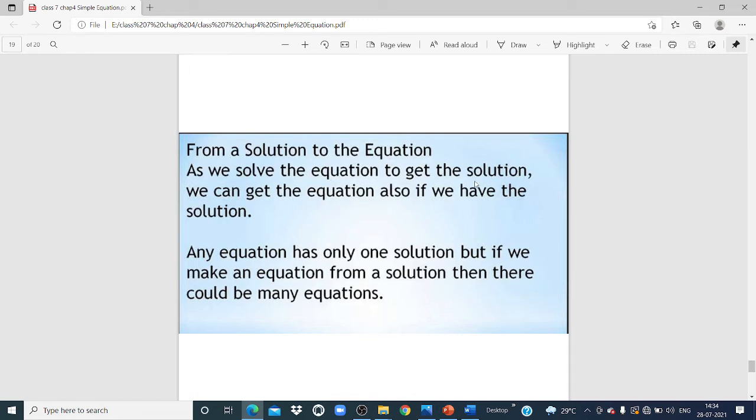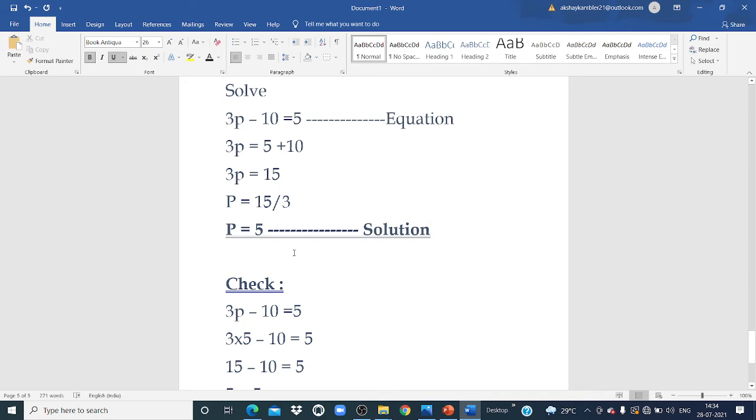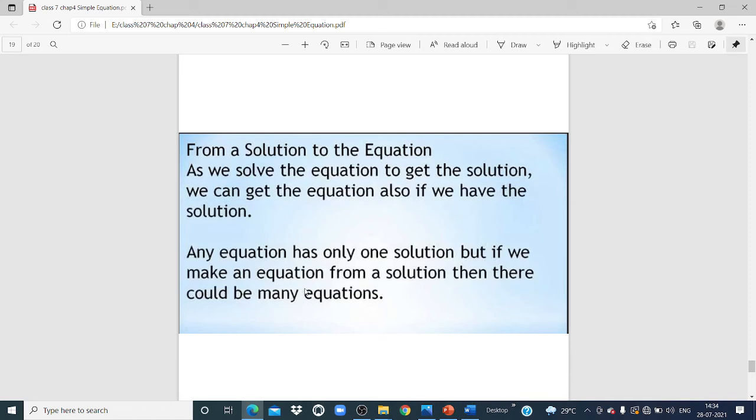As we solve the equation, we get a solution. We can get the equation also if we have the solution. In this example, we found the solution from the equation. But if you know the solution, you can also find an equation. If we have the solution, we can get the equation also.